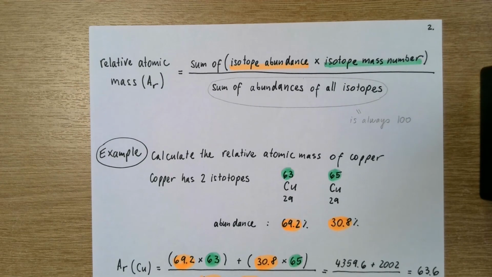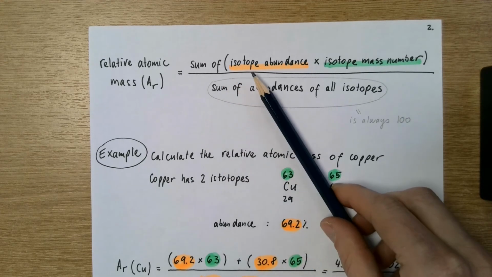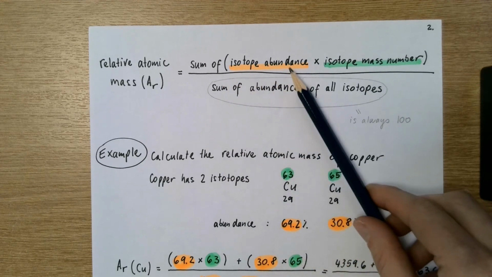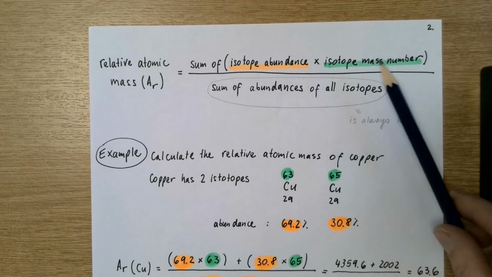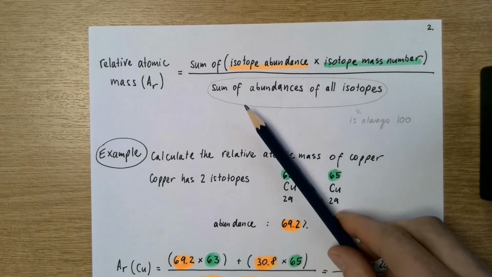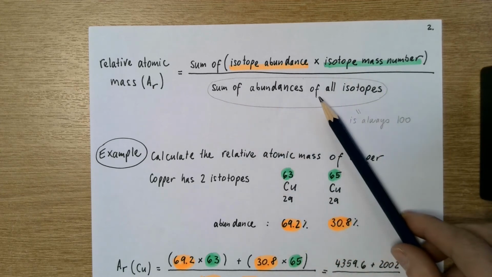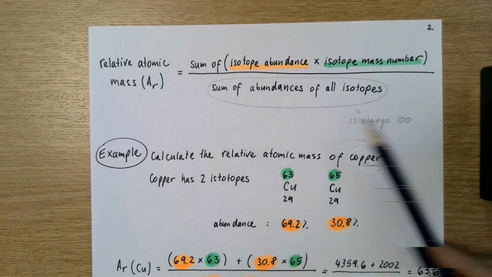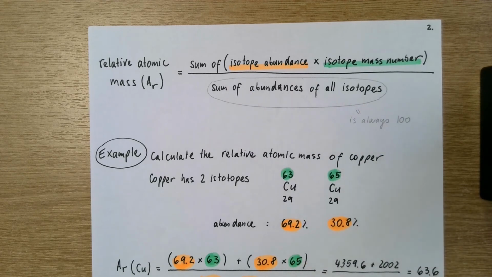We're going to use this equation to calculate relative atomic mass: it is the sum of isotope abundance times isotope mass number, divided by the sum of abundances of all isotopes, and this number is 100. For example, we're going to calculate the relative atomic mass of copper.